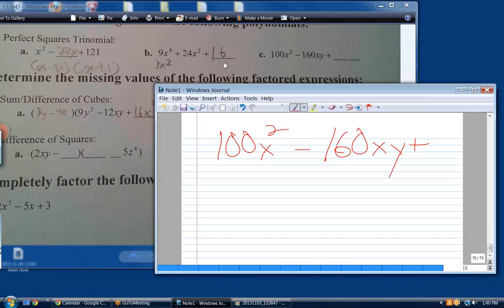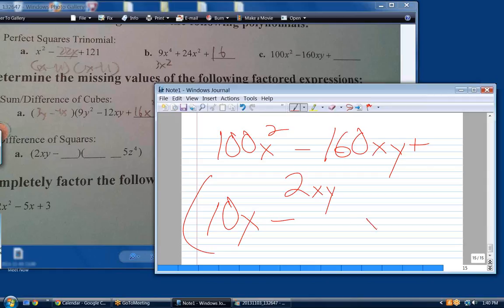I get it. Okay. So in this case, we know that if it's a perfect square, that's going to be the first term. How are we going to get 160xy in the middle? Knowing the middle has to be 2xy. So what must this last term be?